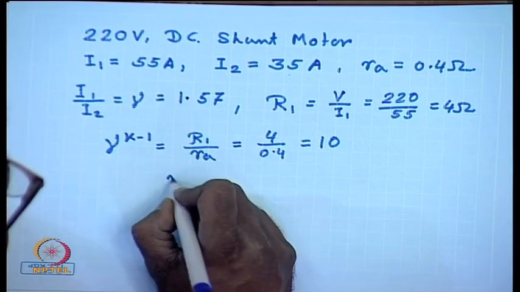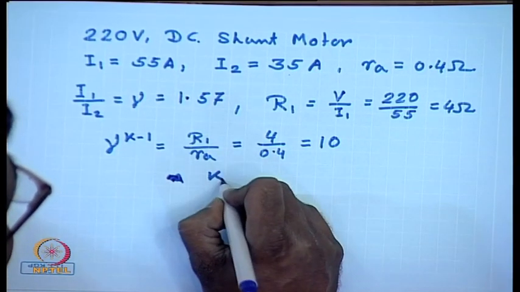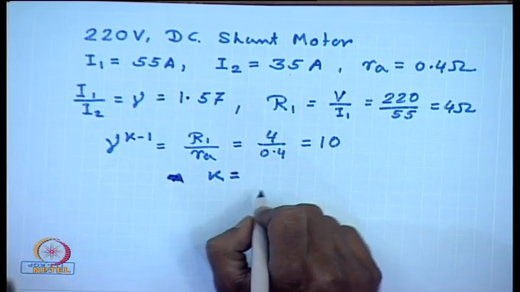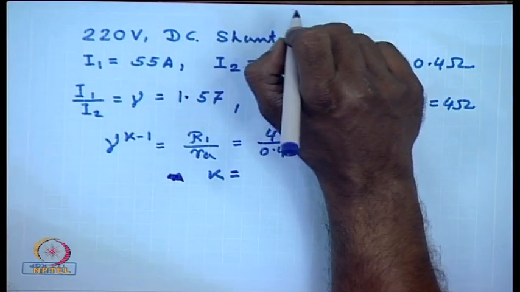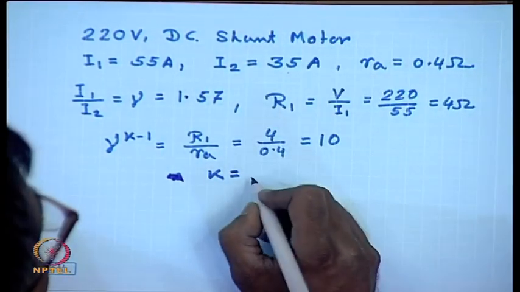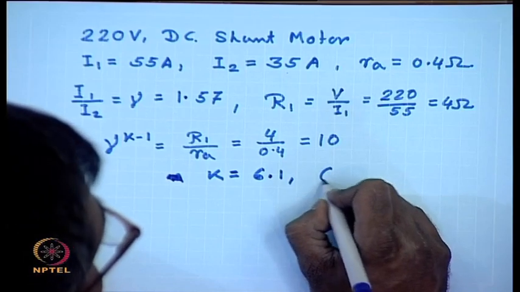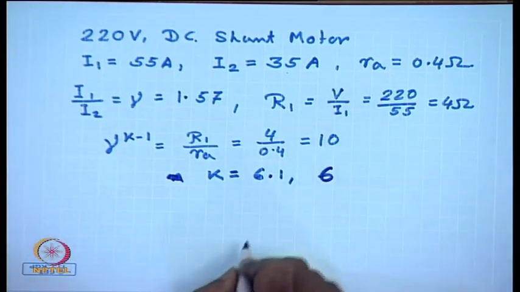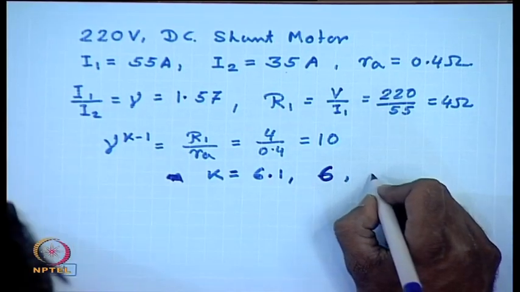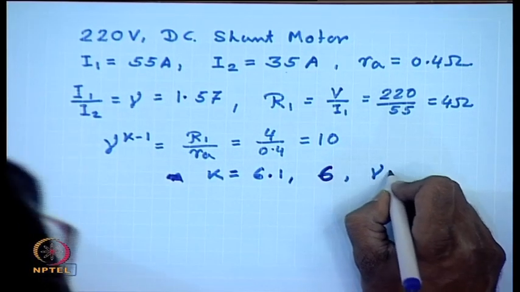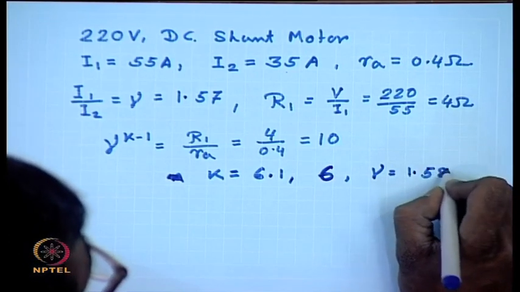Hence, k equal to 6.1, or the nearest integer is 6. So, it has to be a 6 step resistance. This modifies gamma to a value of 1.585.